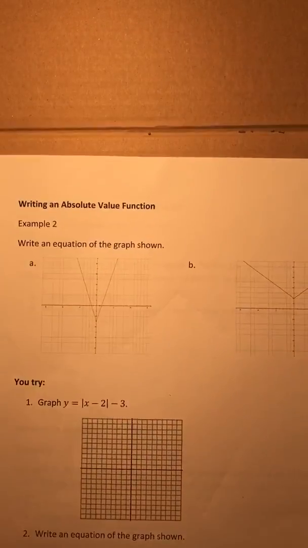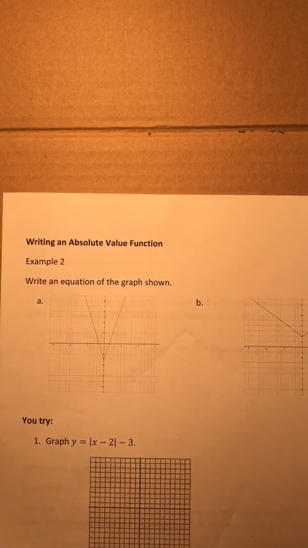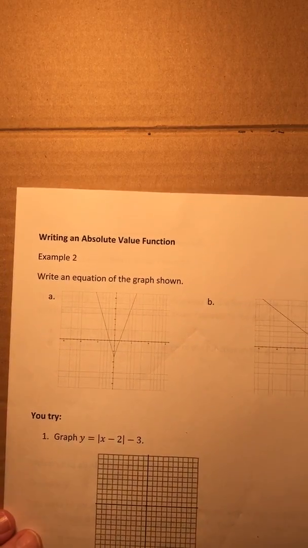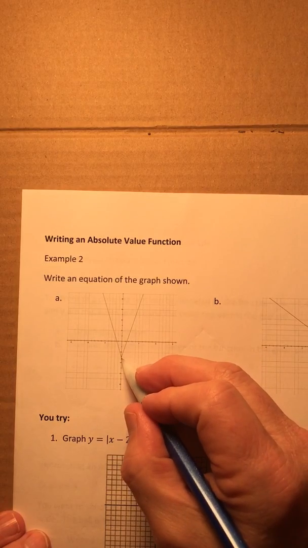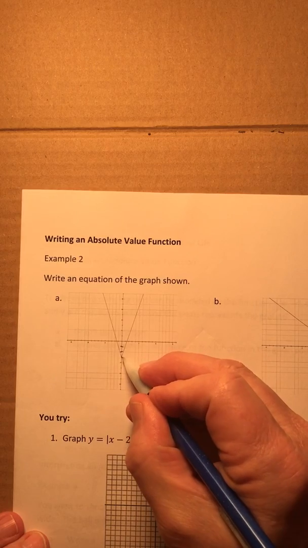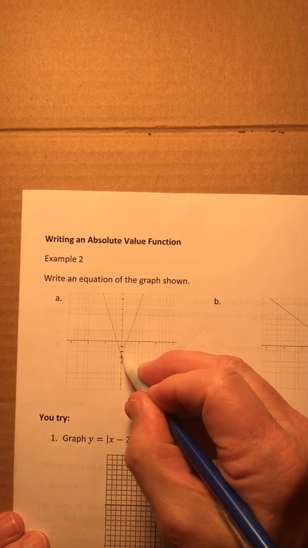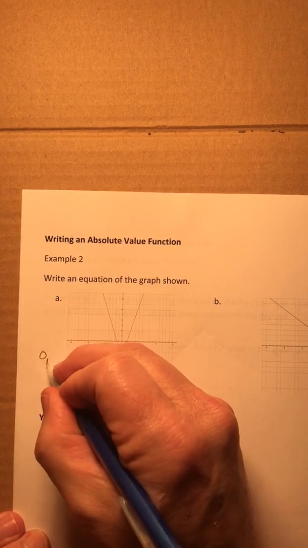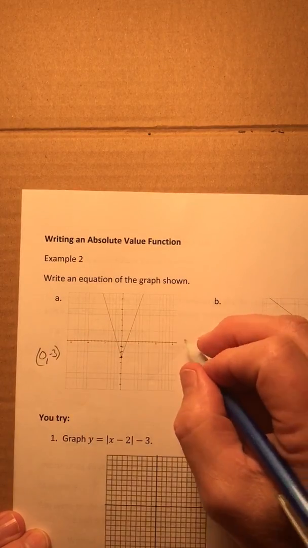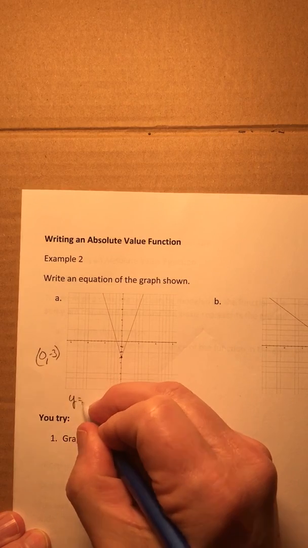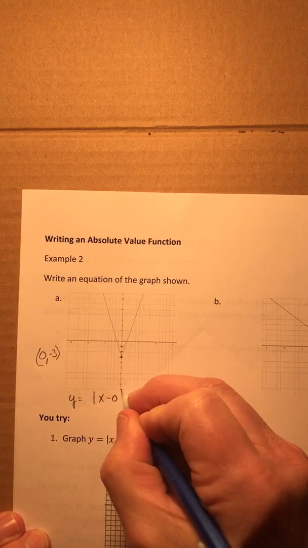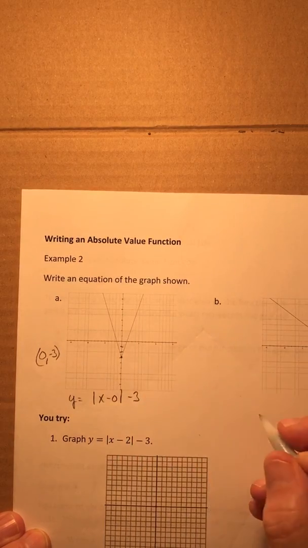Example 2, we want to write equations for these lines shown. You really have to be able to see where it begins. This one looks like 1, 2, 3, so it looks like it begins at (0, -3). That's going to give us y equals, we're not sure what the a is yet, absolute value of x minus 0, minus 3.